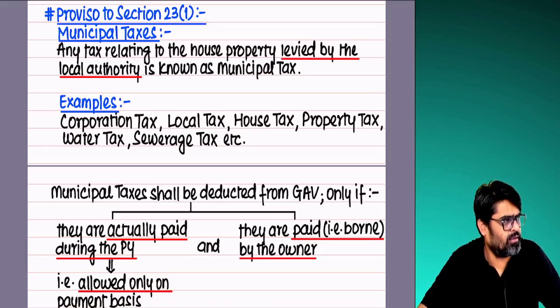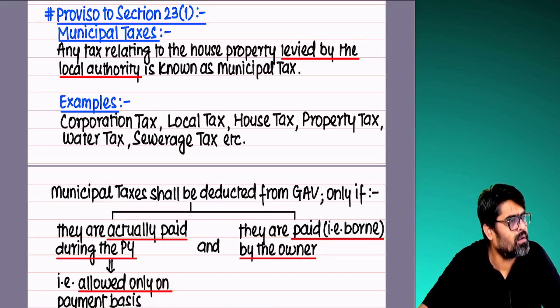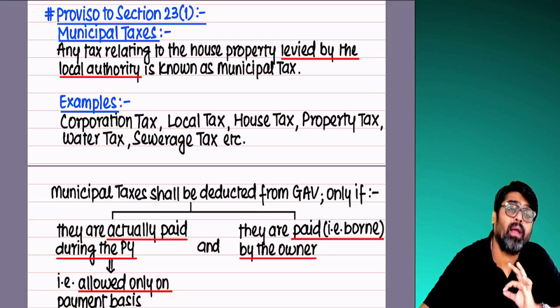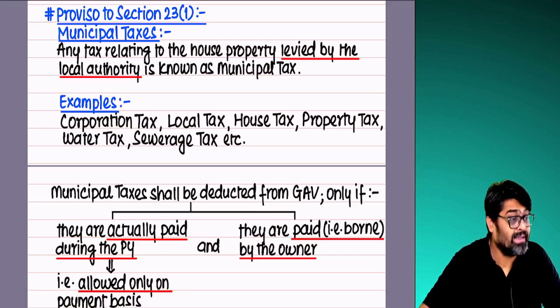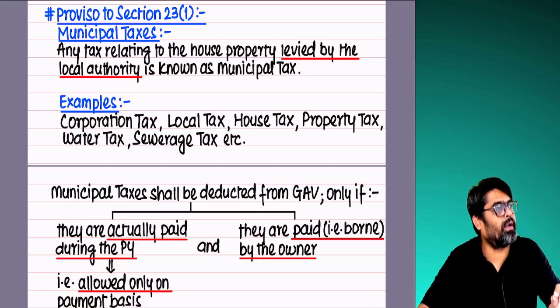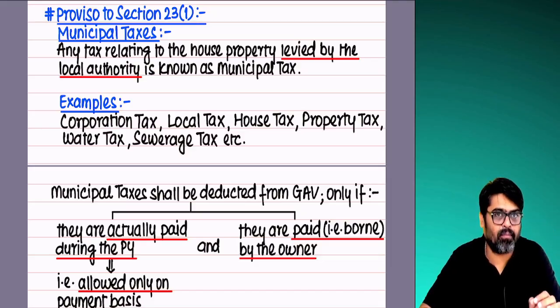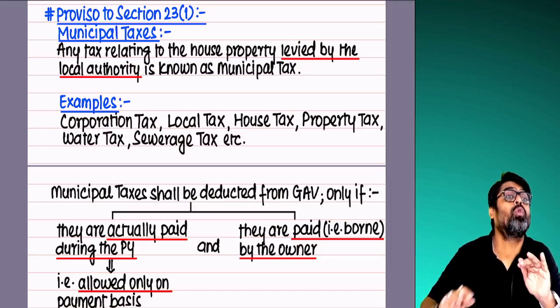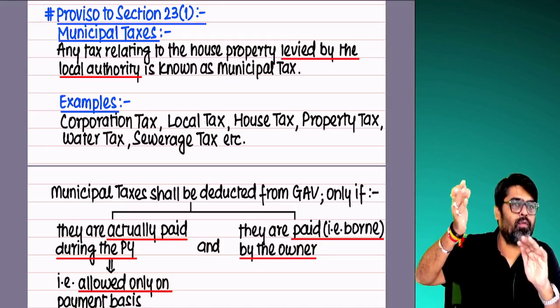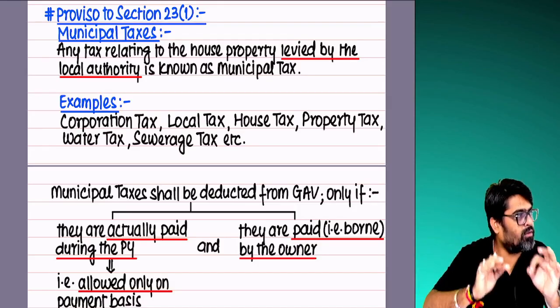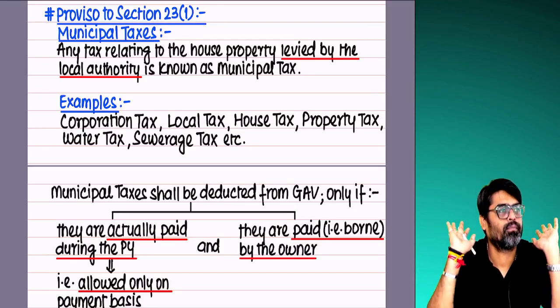Any tax by whatever name called, charged by the local authority for your property. Any tax by whatever name called, charged by whom? The local authority for your property, that is known as municipal tax.